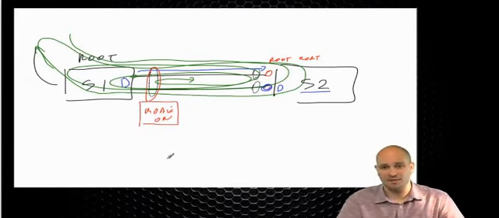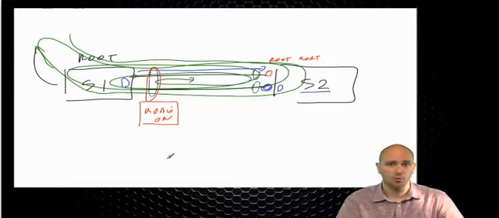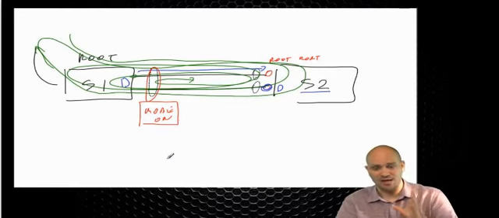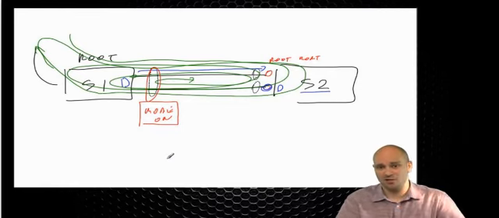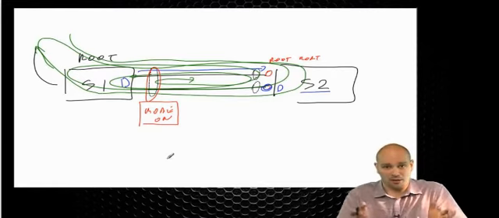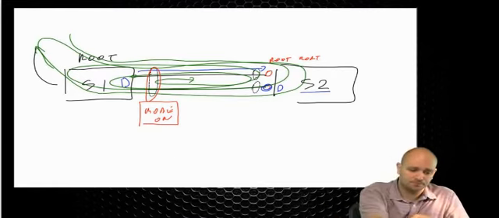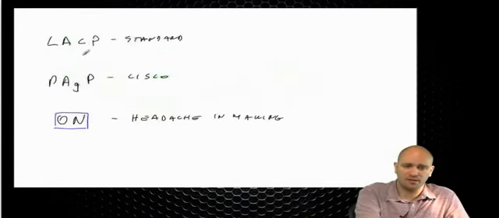In the CCIE lab exam, if they don't tell you which aggregation protocol to use, stay away from mode on, because you can by accident actually create this scenario and you can have a really bad day in the lab after that. Stick with PAgP or use LACP if they don't tell you otherwise. If they tell you use mode on, well, in that case you are going to use mode on. But if they don't tell you, stick with one of these two.